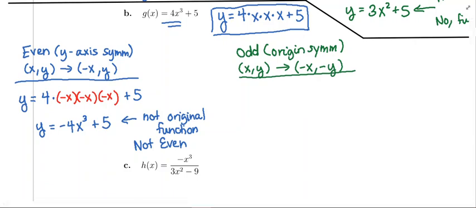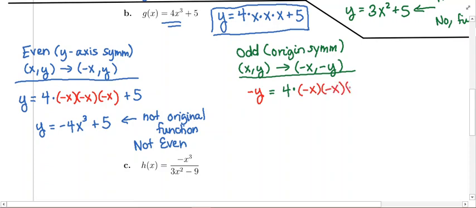Instead of y, I replace y with negative y, and that's going to equal 4 times x times x times x, where we replace each of the x's with negative x. So this is going to be negative x times negative x times negative x, and then don't forget the plus 5. Let's simplify and see if we get the original function.